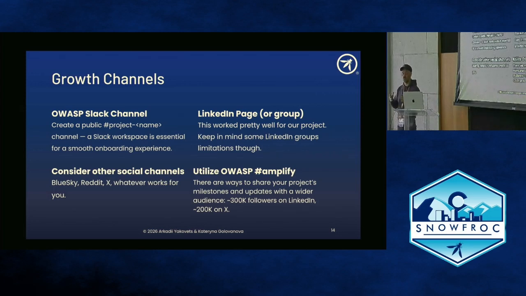It will be visible to a wider audience. It's up to you if you want Bluesky, Reddit or something else. But just remember, if you want it, you will need to maintain the same stuff in multiple different places. It will take more effort from you.